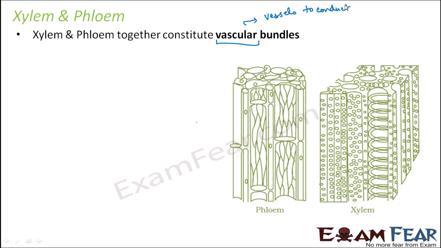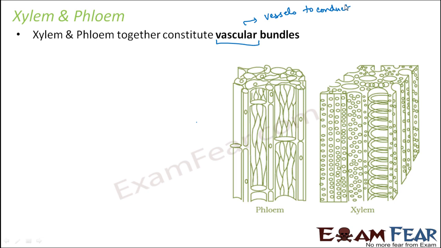What do you think is conducted in a plant? Conduction of what is important for the survival of a plant? Different parts of the plant need nutrients. Different parts of the plant need water. It also needs food, right? All these things are needed by each and every part of the plant.